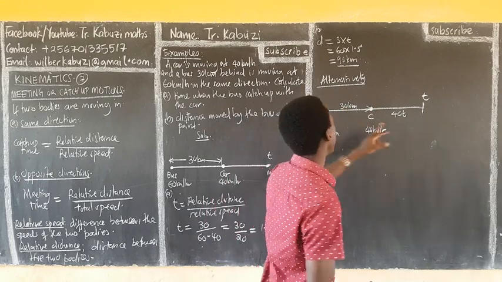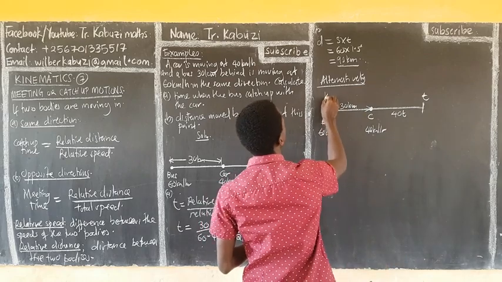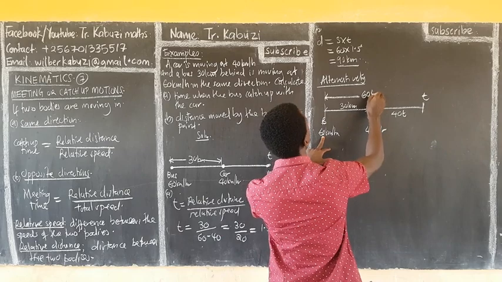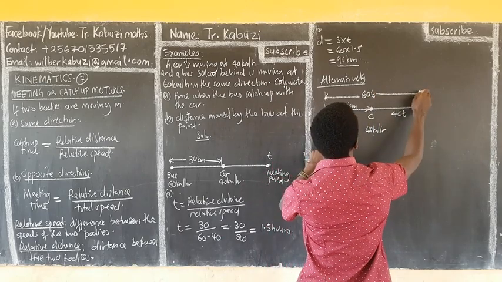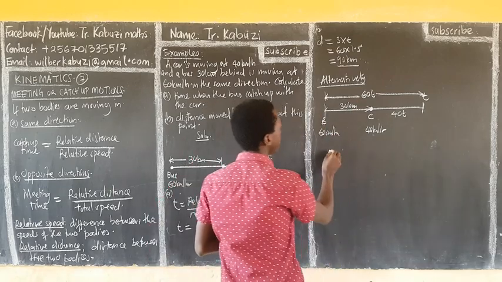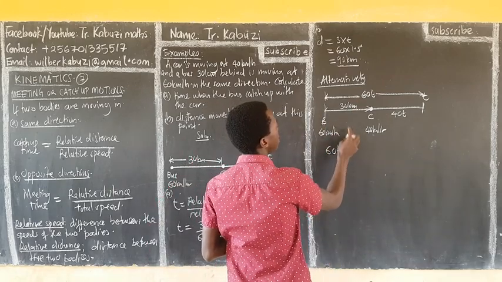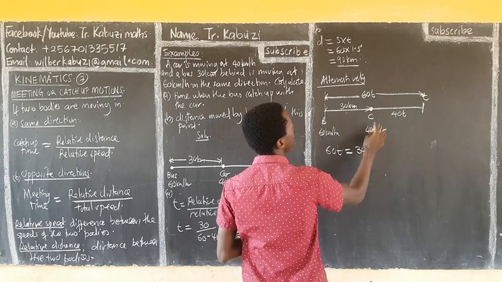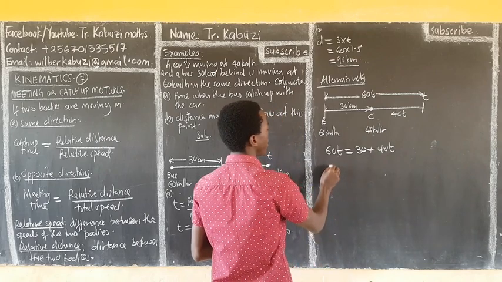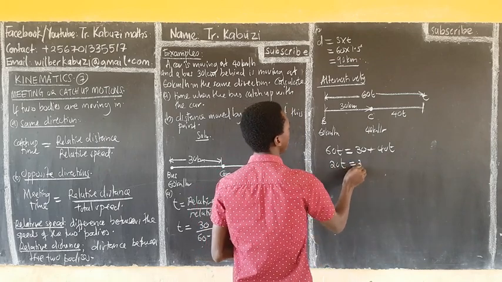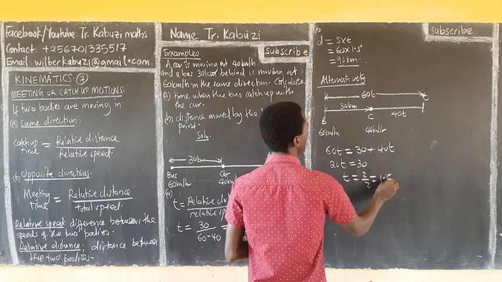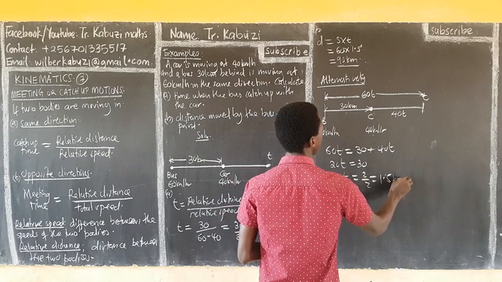The bus moves at 60 times the time it takes to reach that point. So 60t equals 30 plus 40t. Taking this to one side, we have 20t equals 30, so t is 3 over 2, which is 1.5 hours.